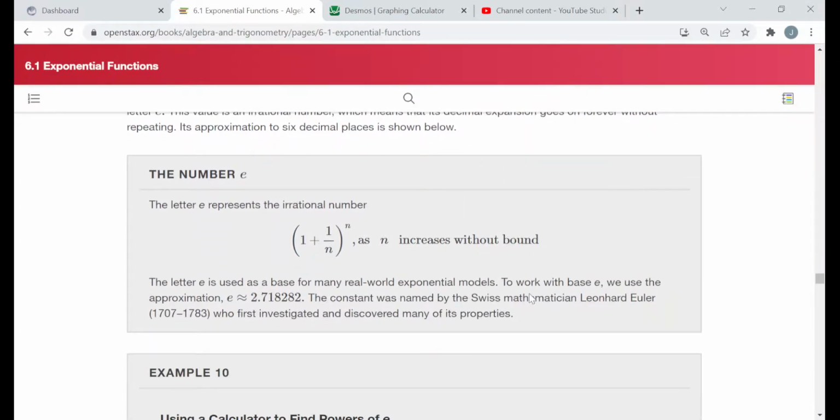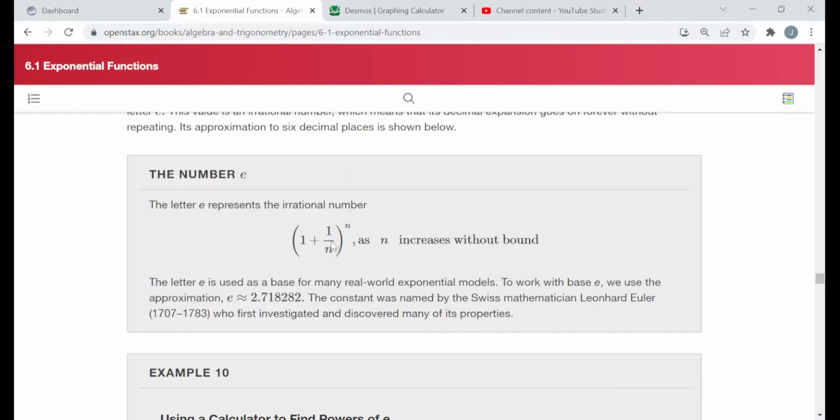is what they have in the box here. The letter e represents the irrational number (1 plus 1 over n) to the nth power, as n increases without bound, or as n goes to infinity.